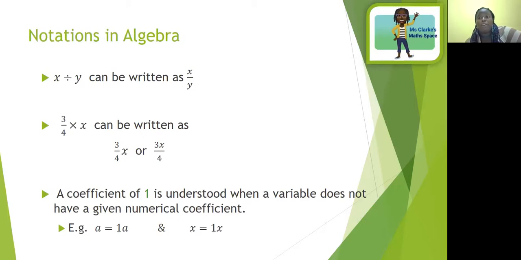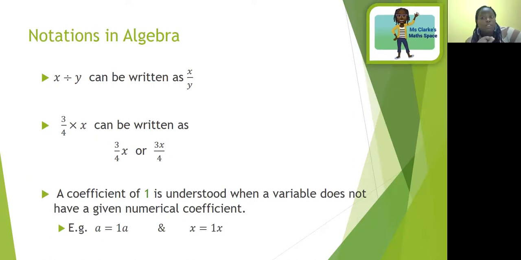Remember, x is a variable that we're trying to determine the value of. Remember, algebra is about finding unknowns, solving problems. So if x is 1, then we don't really need to find something. So what I want to emphasize here is that the coefficient, which is the number in front of the letter, the number in front of the variable, is understood to be 1 when there is no number in front of the letter or variable.